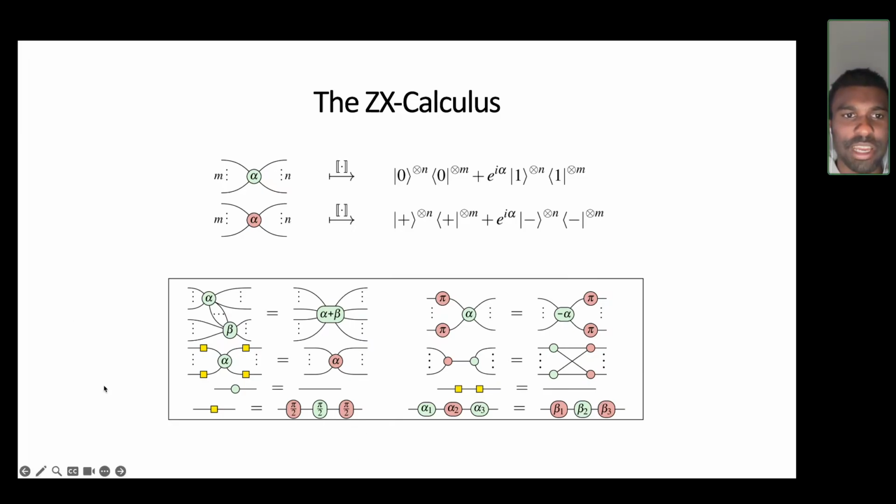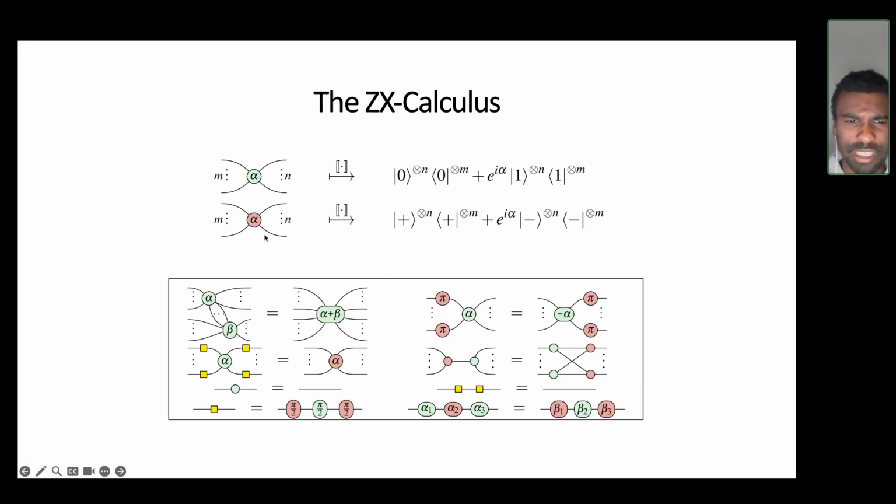It is generated by these things here, which are called spiders. You can see why if you look at them. They've got a lot of legs and a circle in the middle, kind of like a spider. You can think of the green one as being a rotation around the z-axis on the Bloch sphere, or the red one around the x-axis. These are the Z gates and X gates, or Z spiders and X spiders.